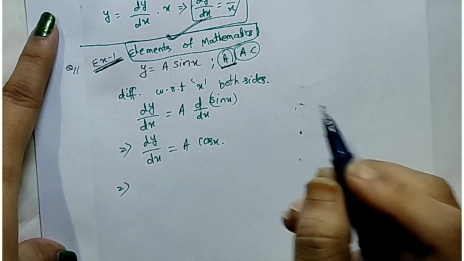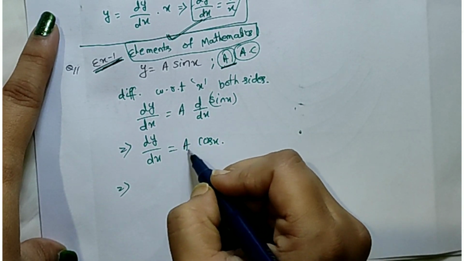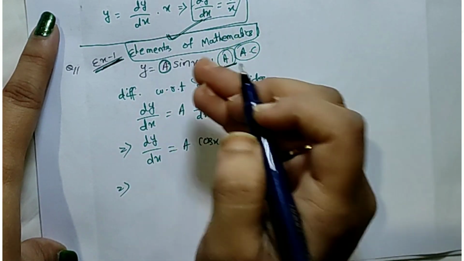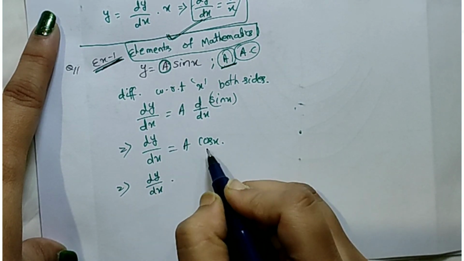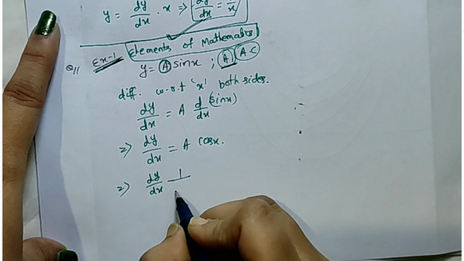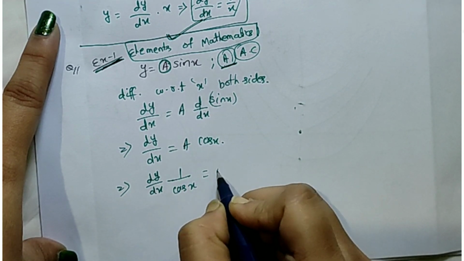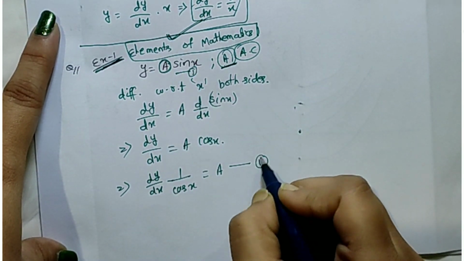Now I have to find the value of a so that I can replace it to form a differential equation. Now this cos x is multiplied on the right hand side, so by taking it to the left hand side it will be divided: dy by dx divided by cos x is equal to a. Suppose this is equation 1 and this is equation 2.